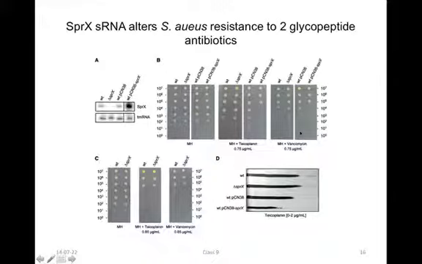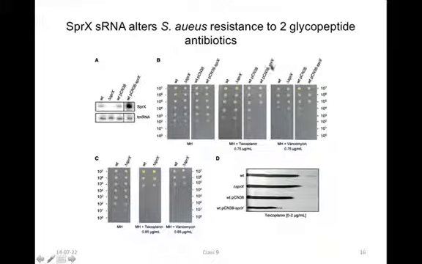Next, they do an antibiotic susceptibility test, and they just use MH as their media, and then they add teicoplanin. If you take a look, the wild type is very similar to the deletion mutant. In fact, the deletion mutant seems to be a little more resistant to this teicoplanin. If you take wild type with the plasmid, it's the same as wild type.